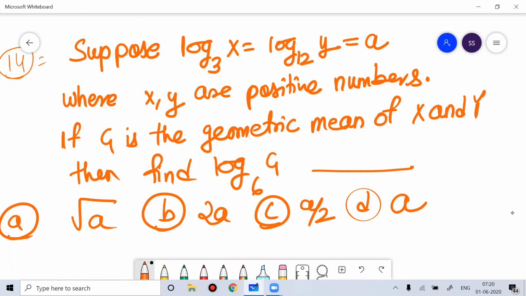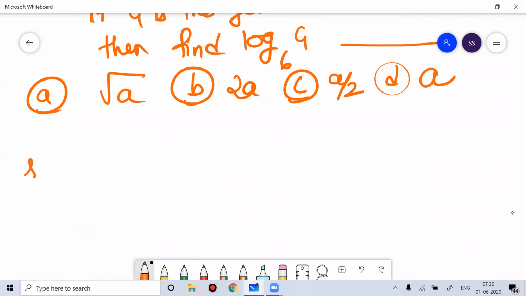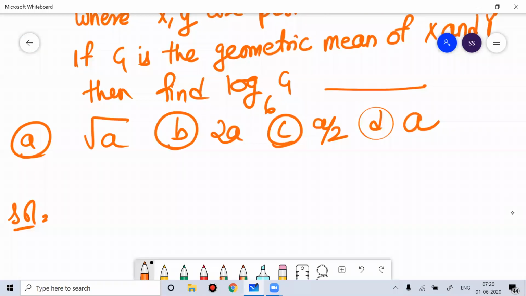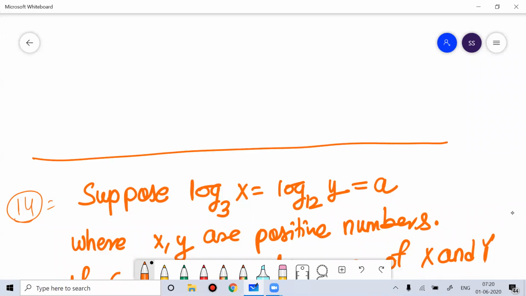Okay, how to solve this question? CAT 2017 paper. Let's spend some time. So log base 3 of x is equal to a, so I can write x is equal to 3 to the power a.